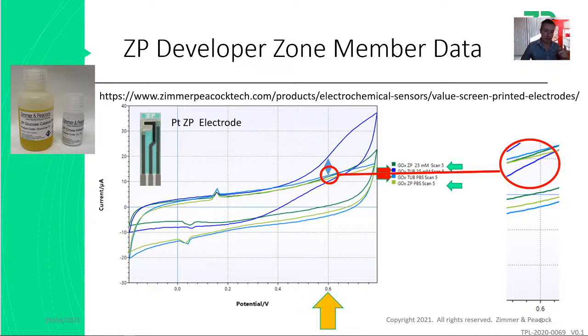The caveat is be very careful with cyclic voltammetry, because the way you should test your sensor is in the way you intend to use it.